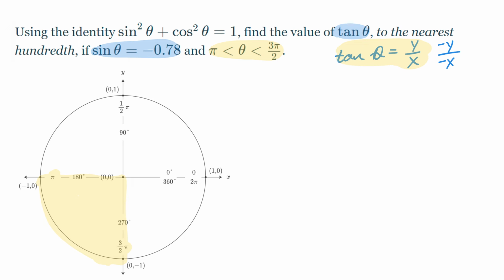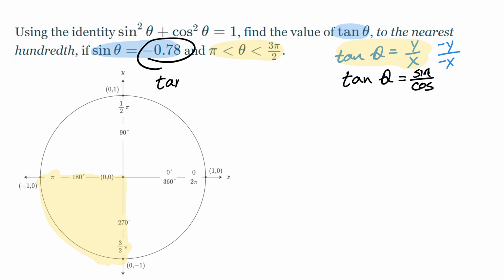we'll write this another way as well, because we do need to know this as well. Tangent of an angle is also equal to the sine value divided by the cosine value. And we did write that on your unit circle. So we've actually got a piece of this already because we know that sine is 0.78.